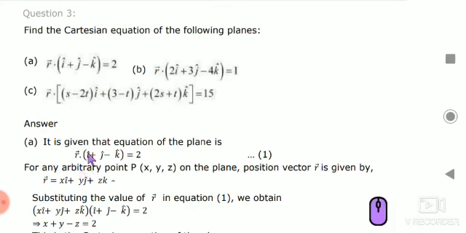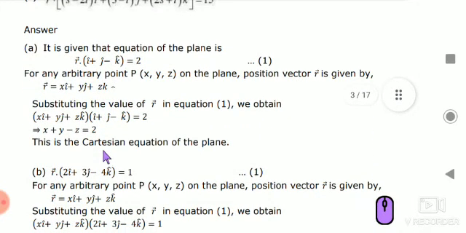It is given that the equation of the plane is vector r dot i plus j minus k is equal to 2. For any arbitrary point P(x, y, z) on the plane, the position vector r is given by vector r is equal to xi plus yj plus zk. Now replace vector r as xi plus yj plus zk dot i plus j minus k is equal to 2.